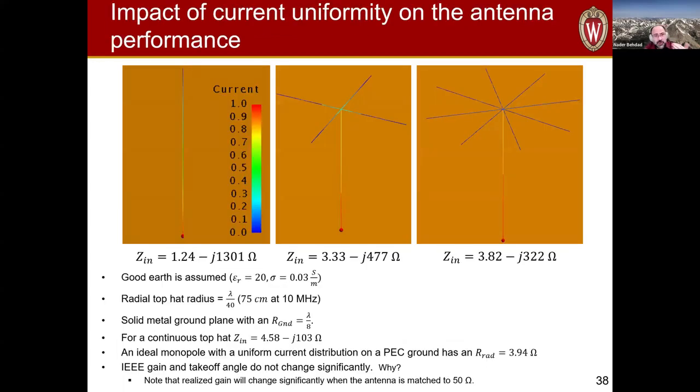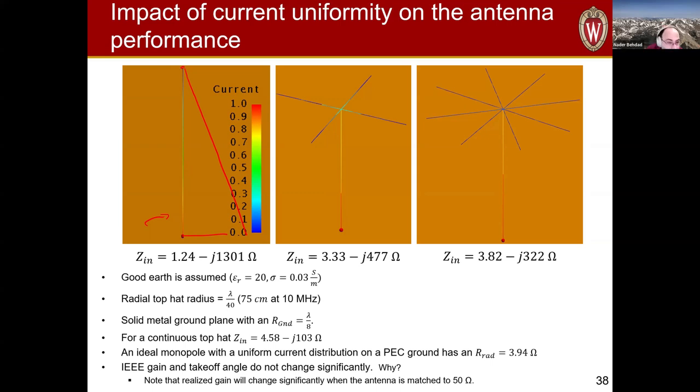So, remember that when I talked about electrically small antennas, I mentioned that we can have a uniform current distribution and you can have a triangular current distribution. In a simple monopole antenna, obviously we have a triangular current distribution. Your maximum current happens at the base, at the feed point, and then the current goes down in a triangular fashion, and there's zero current at the tip of the antenna.